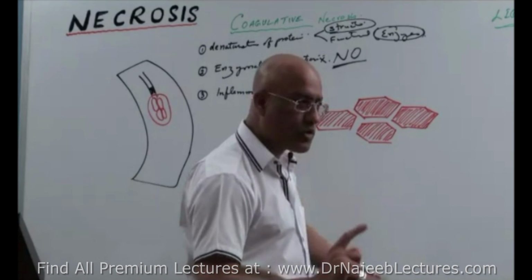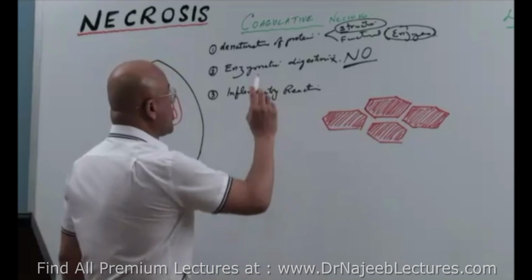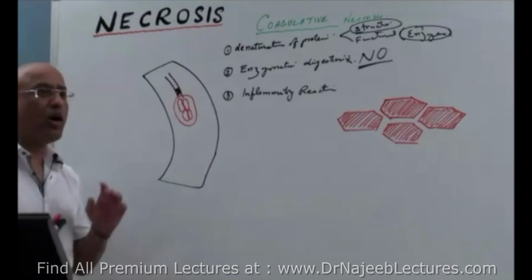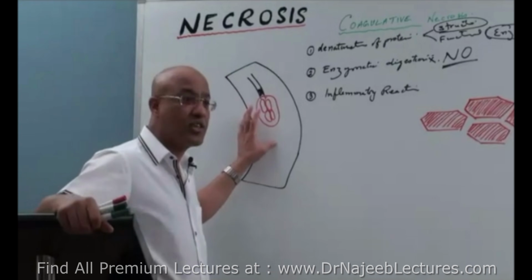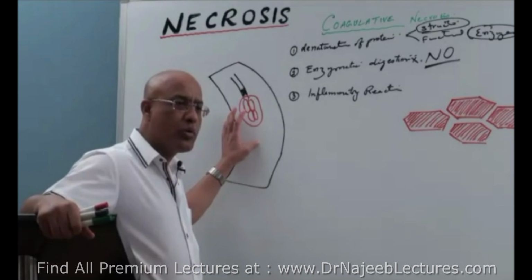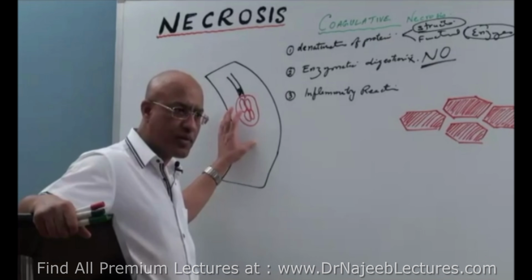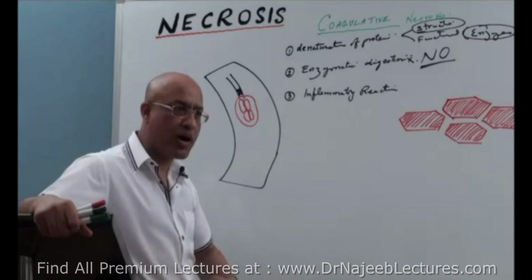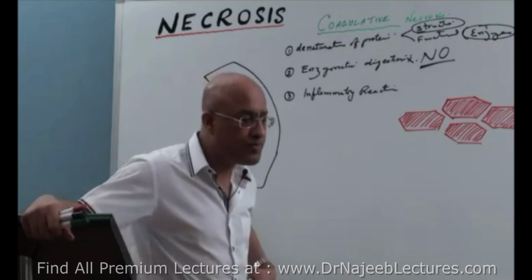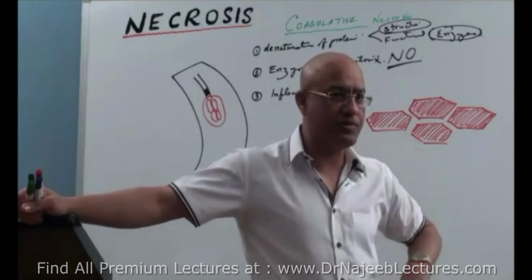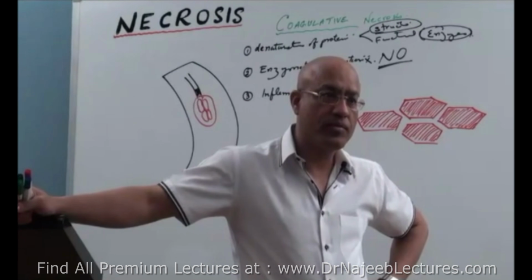Is it clear? So, a classical example of coagulative necrosis is myocardial infarction or any severe ischemic or hypoxic injury to most of the tissues of the body. Severe hypoxia or ischemia to part of a liver, a kidney, or a spleen may undergo coagulative necrosis, right?